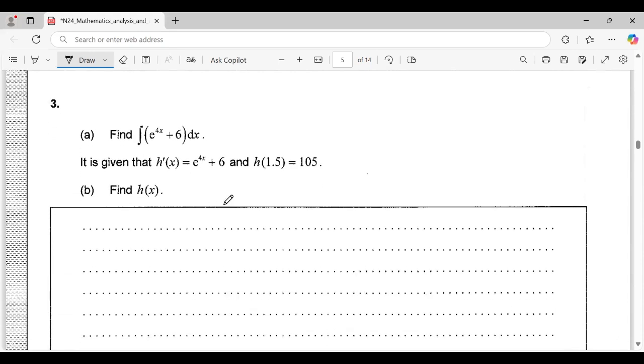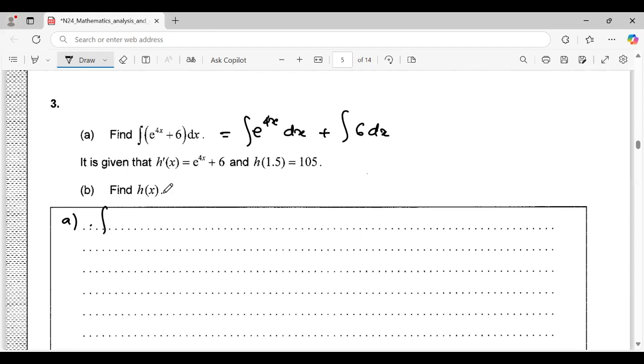Find the integral of e power 4x plus 6 dx. I'm going to separate this: the integral of e power 4x dx plus the integral of 6 dx.